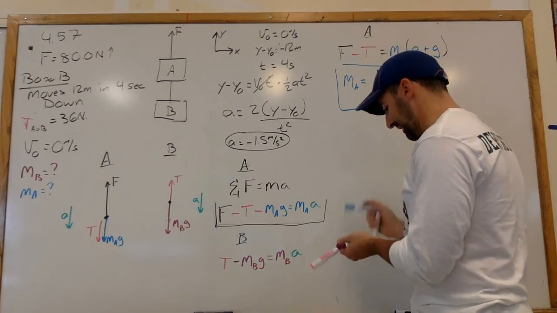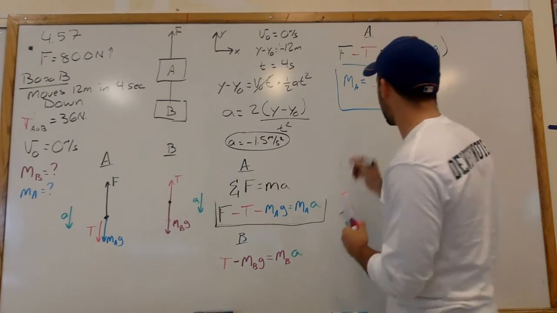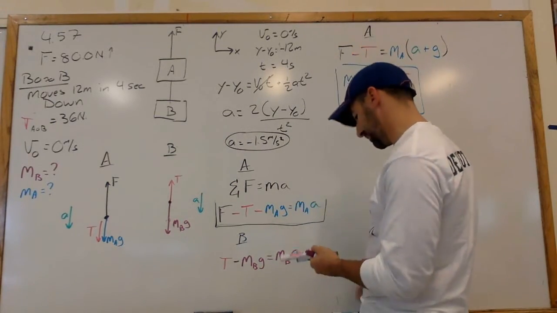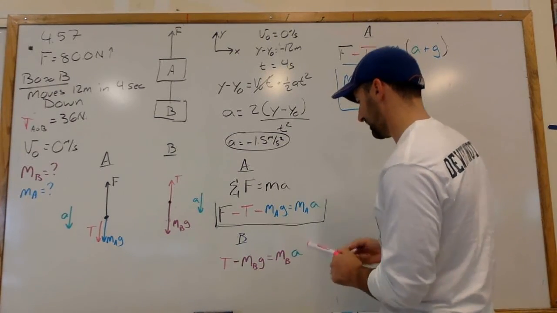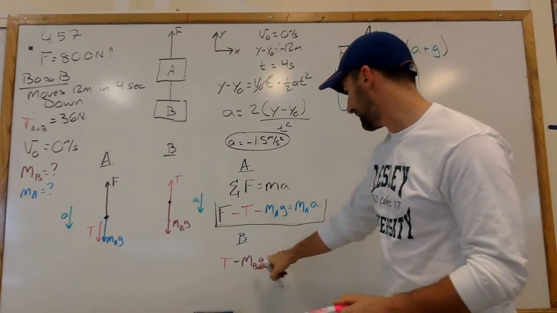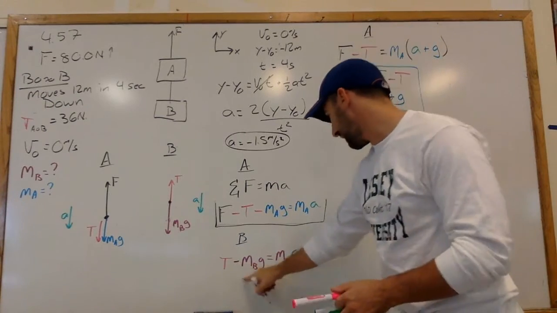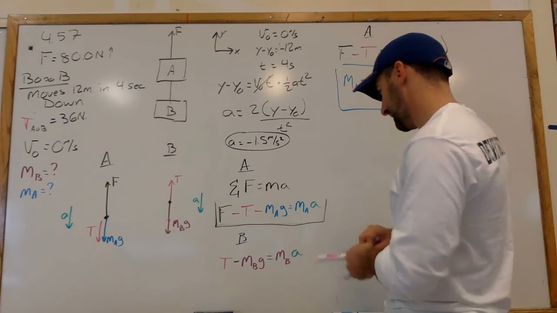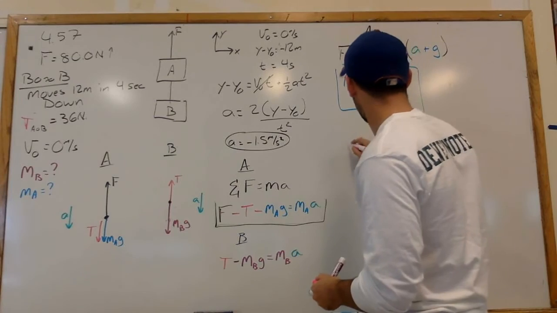We'll check things at the very end. My mass of B, which I have in this color, looks like it's going to be easier. I'm going to bring that to the other side.